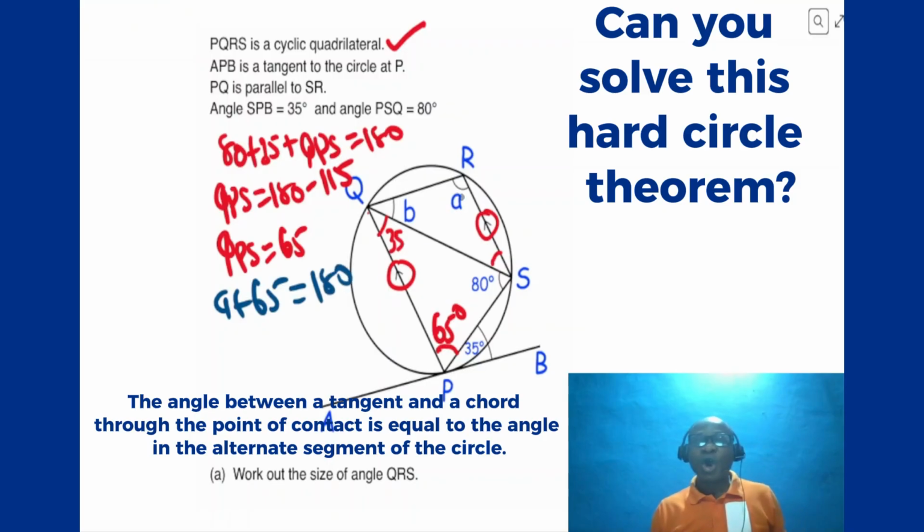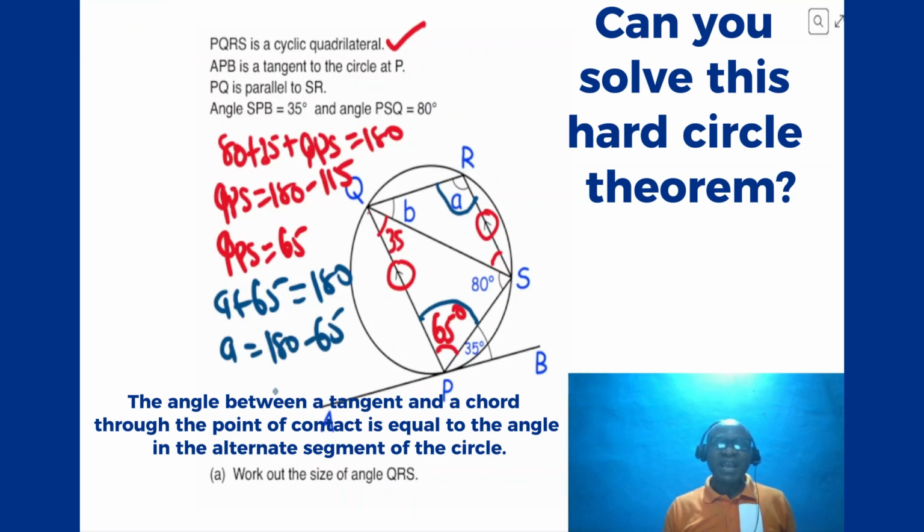What is the reason? Opposite angles of a cyclic quadrilateral add up to 180. Do you agree? Yes, sir. Therefore, letter A should be equal to 180 subtract 65, which makes letter A equal to 115 degrees. Now we have found letter A. Are you there?